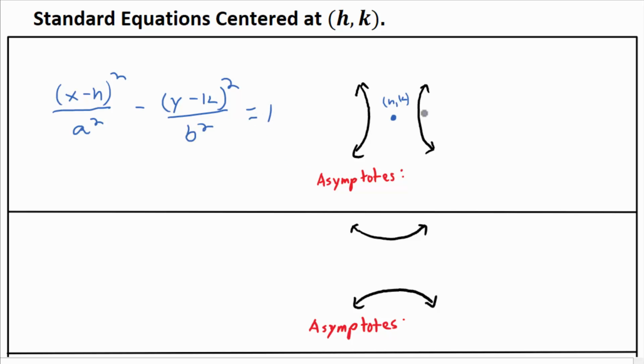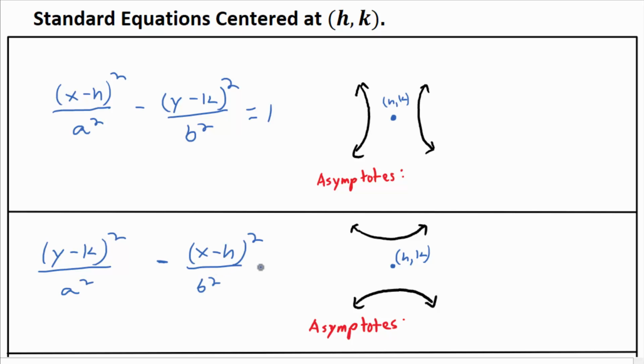That's if it opens horizontally as pictured here. And then interchange the roles of x minus h and y minus k if it opens vertically as pictured here. And then you get (y minus k) quantity squared over a squared minus (x minus h) quantity squared over b squared equals 1.